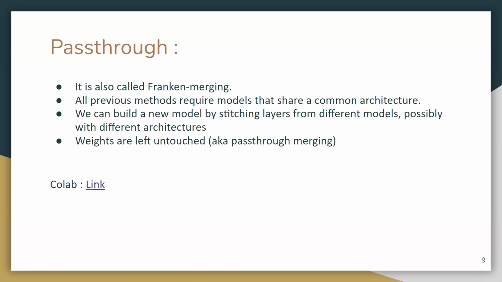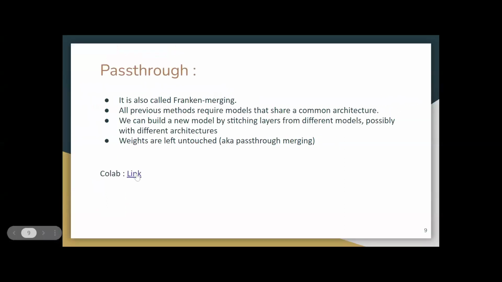The parameters themselves are unchanged; we are just cherry-picking layers from model A and model B and recombining layers from different models. Let me explain how merging works using the MergeKit library.